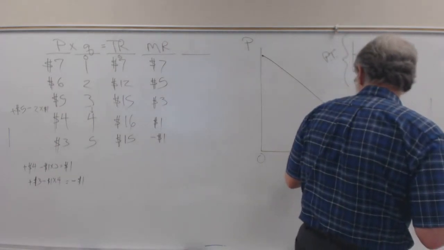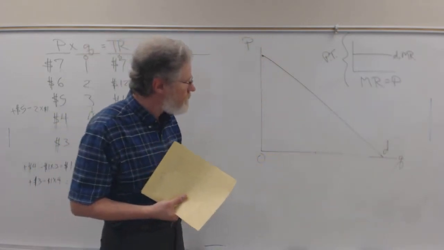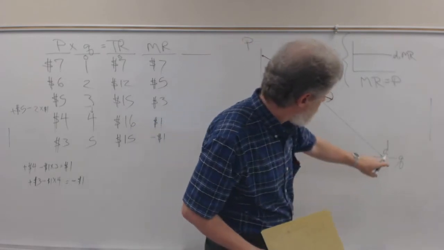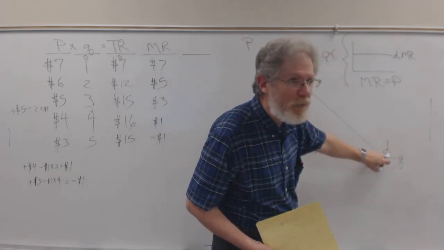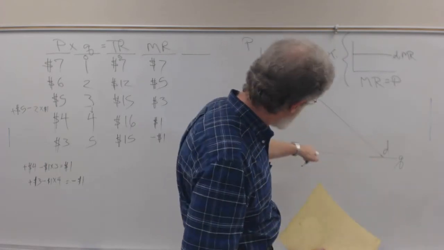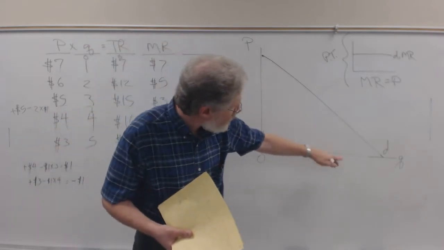And just to give you an easy way to draw the curve correctly, if you take the origin and the endpoint for the demand curve, find the midpoint. That's where the marginal revenue curve is going to cut the axis.